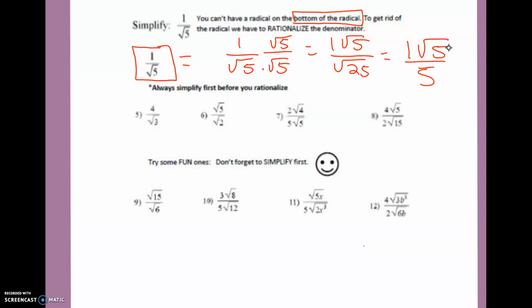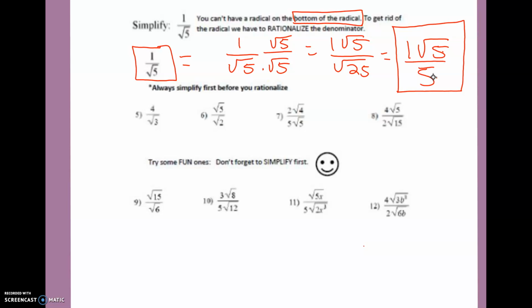We don't have a radical on the bottom. It's okay to have it on the top. And you're done. A common mistake is thinking these can be simplified here, guys, but one is under the radical and one is not. So that's 5, and that is like 2 point something, right? So you couldn't simplify that. So we're done.